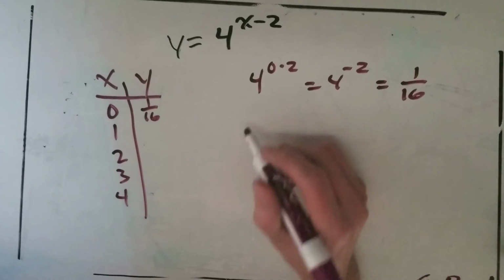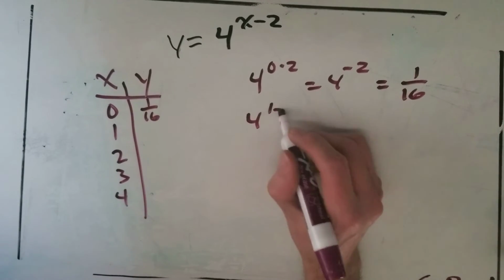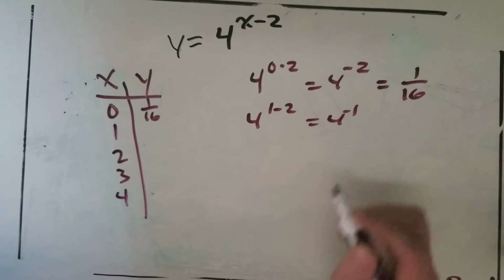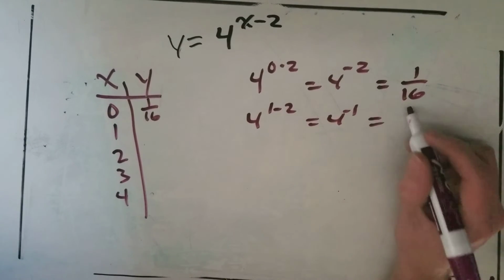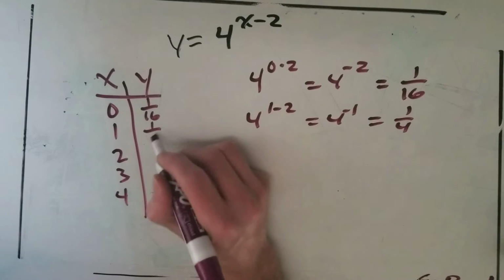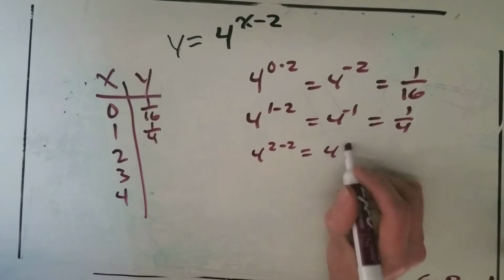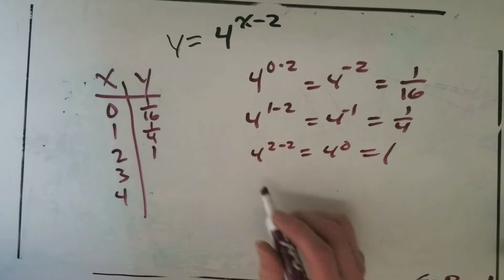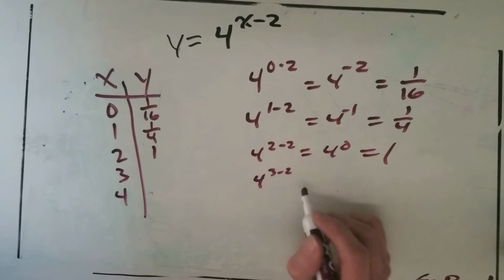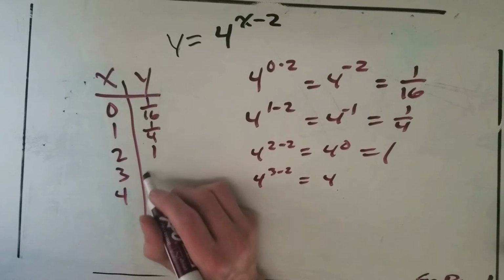And then we have 4 to the 1 minus 2. It's going to be 4 to the -1, which is 1/4. Then we'll have 4 to the 2 minus 2, which is 4 to the 0th, which is 1. 4 to the 3 minus 2, which is 4.